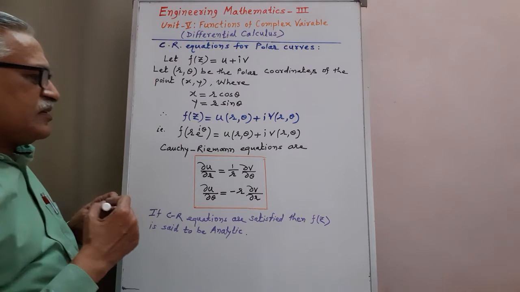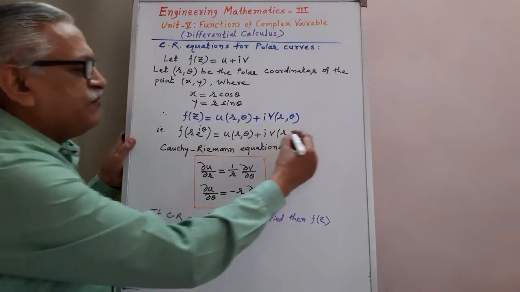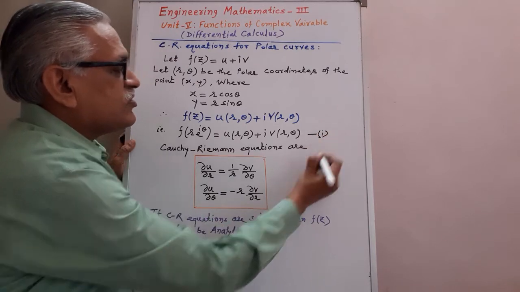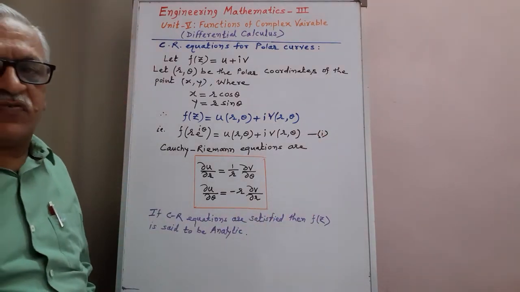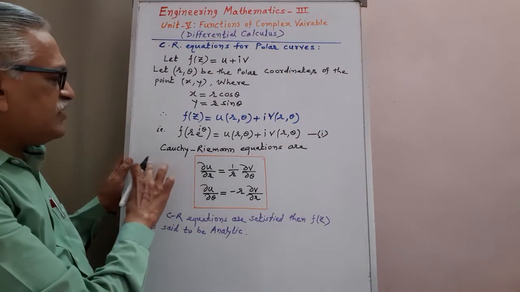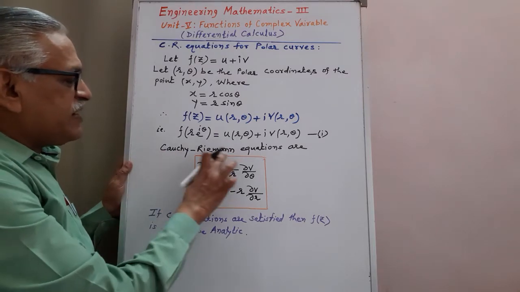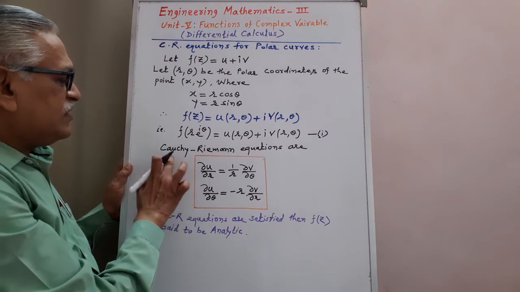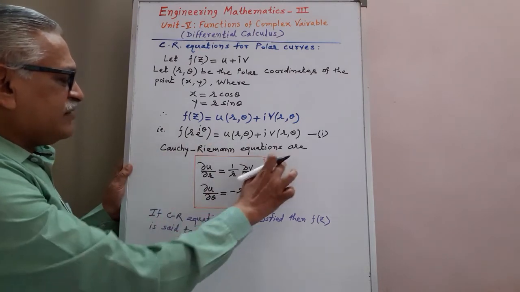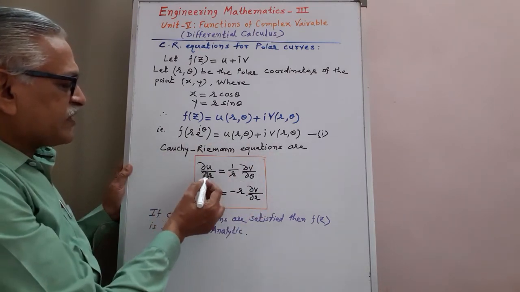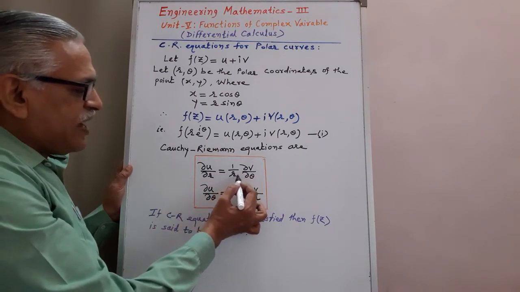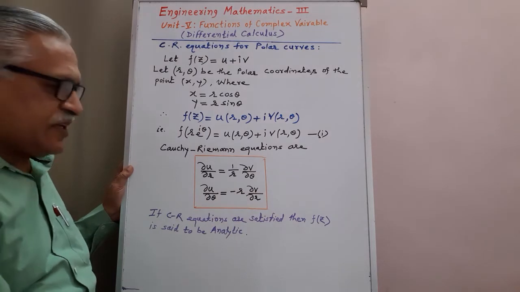This is the polar form of a function of a complex variable or number. Then the Cauchy-Riemann equations for this polar form are, again, two equations. First one, dou u by dou r is equal to 1 by r dou v by dou theta, first condition.